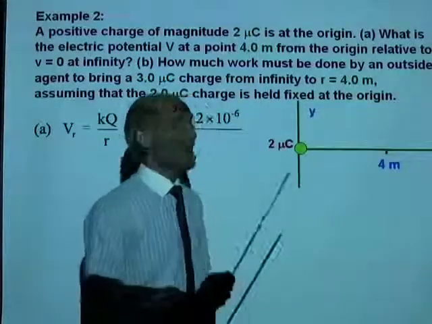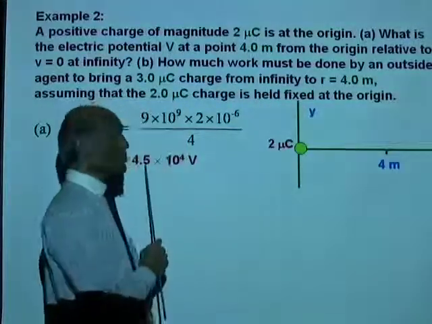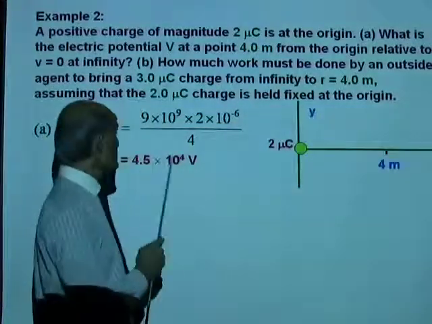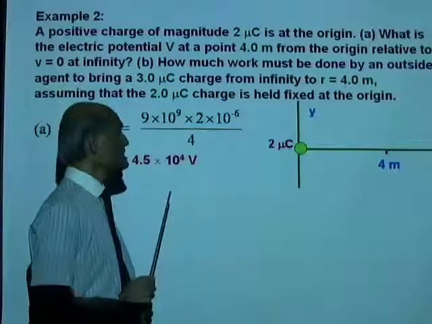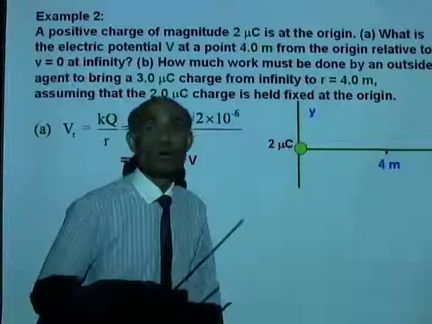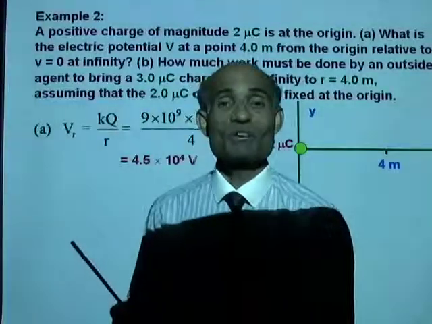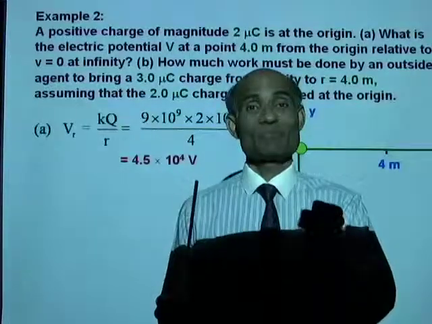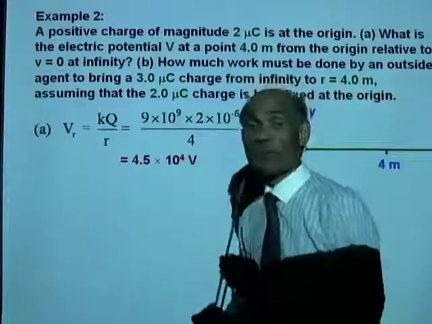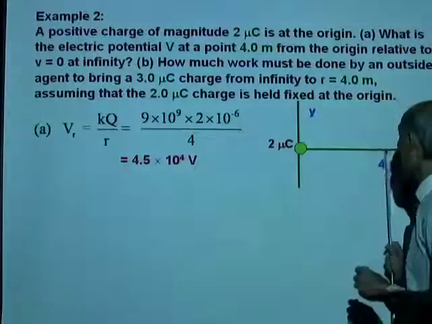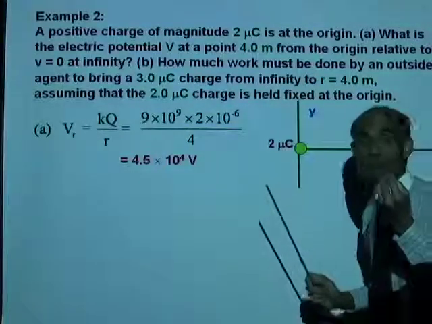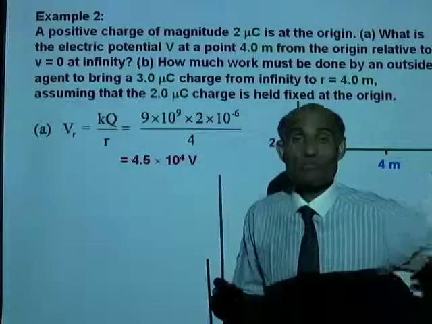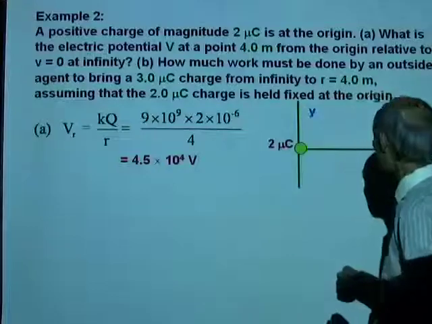Alright. Now tell me, we say the potential at this point is 4.5 times 10 to the 4 volt. What is the meaning of that? What is the basic definition of potential at a point? Well, potential at a point is a measure of the work done in bringing a unit charge from infinity to this point.